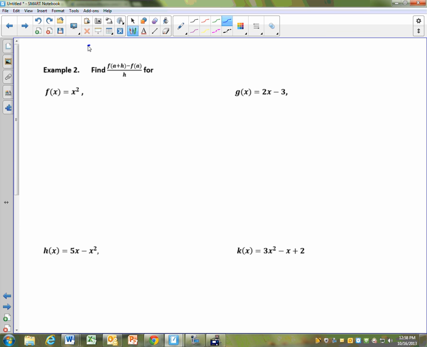And here's the steps, okay? I'm not going to use the whole piece yet. I'm just going to do some scratch work to help me out. F of A plus H. That's what this first part says. Everybody see that? What do I do with the A plus H? Plug it in, and I get A plus H squared.